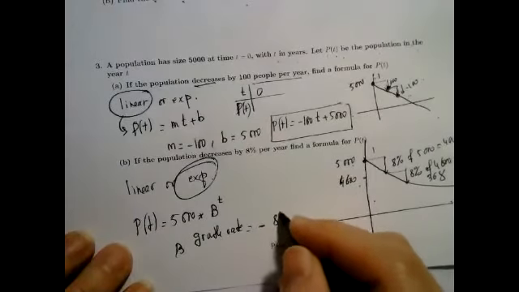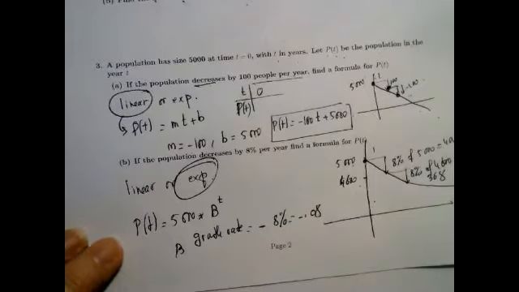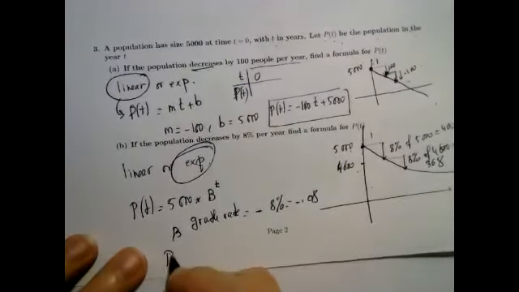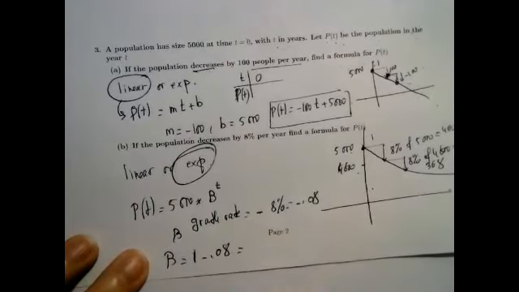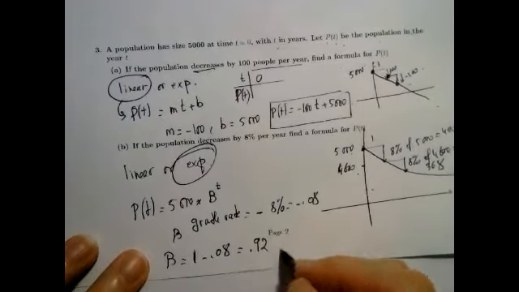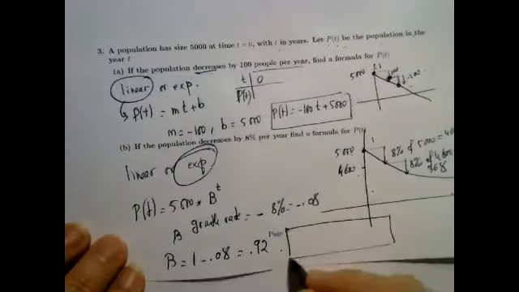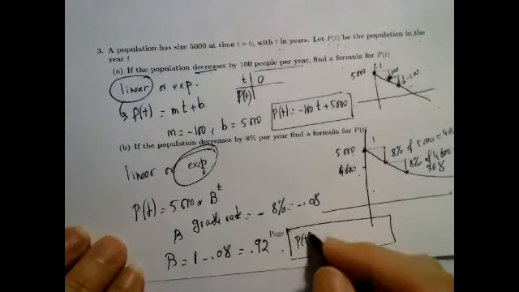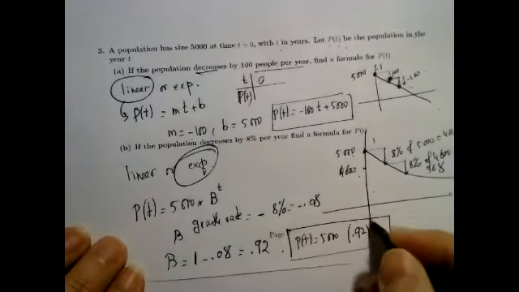It's minus 8%, minus 0.08. It means my b is 1 minus 0.08. It means 8% goes, so every year 92% remain. And then the formula for the population would be 5,000 times 0.92 to the power t.